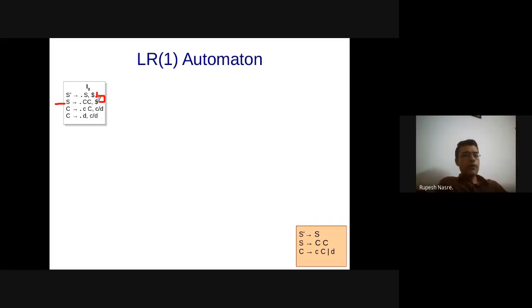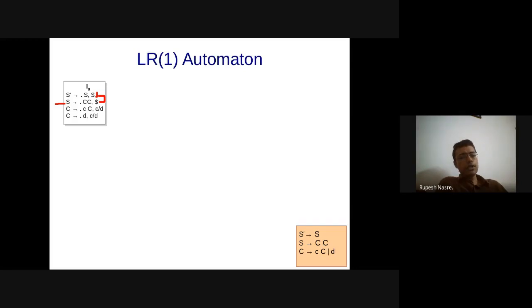Right? From the second item in this set, that was deriving .CC, let me call it C1 and C2, just for the exposition purpose. So .C1 C2 is something which I have not derived. Since I have not seen .C1, that means I have not derived whatever is derivable from C1.